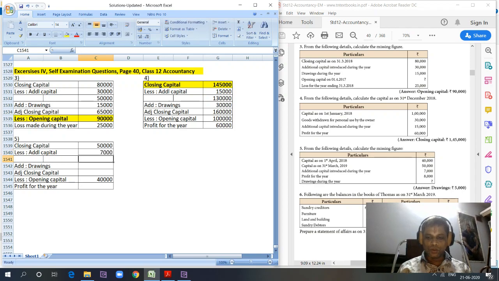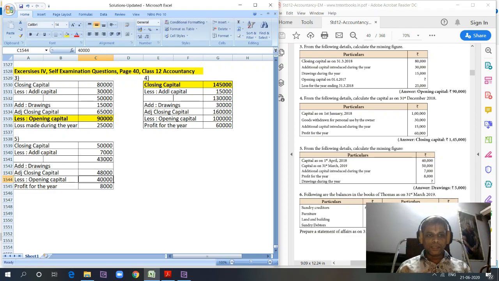So closing capital minus additional capital will give net closing capital 43,000. Then we have profit for the year 8,000. So adjusted closing capital will become opening capital plus profit made during the year.